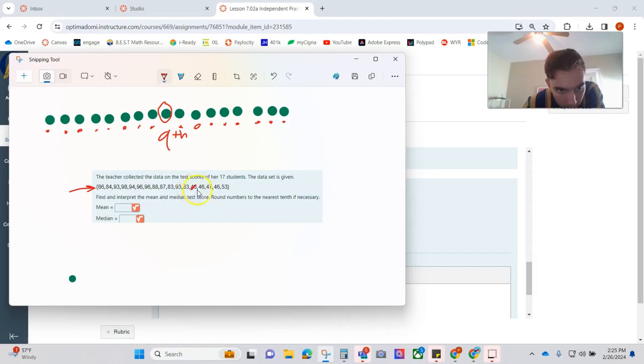So there's my first smallest, my second, my third, and my fourth smallest numbers. Then my fifth smallest, sixth smallest.